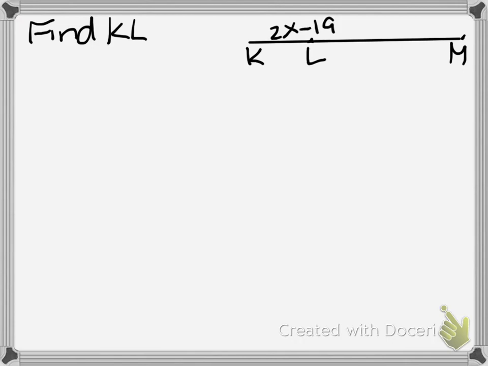LM is given as x plus 1. And the whole thing, KM, is given as 15. So again, before we can find out what KL is, we need to know what the x value is. So we're going to set up an equation and solve for x.